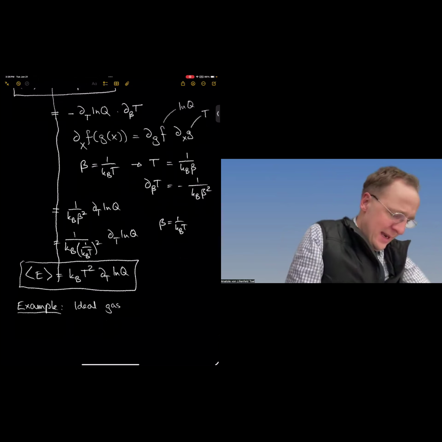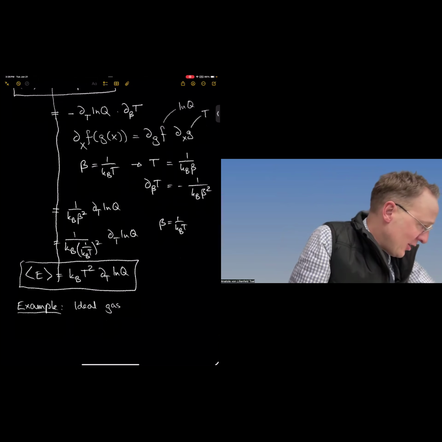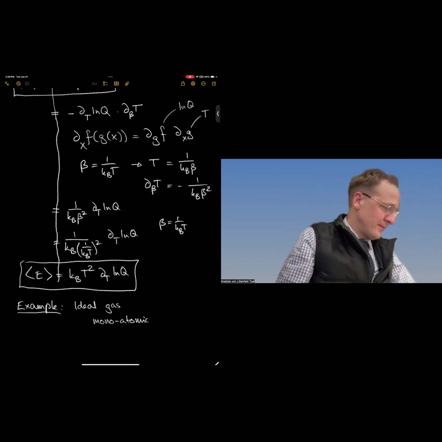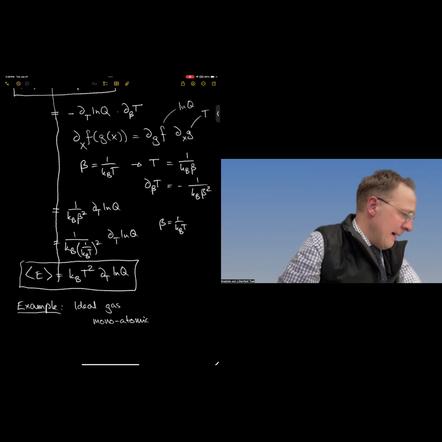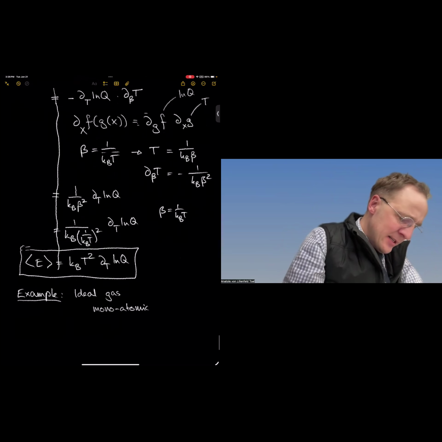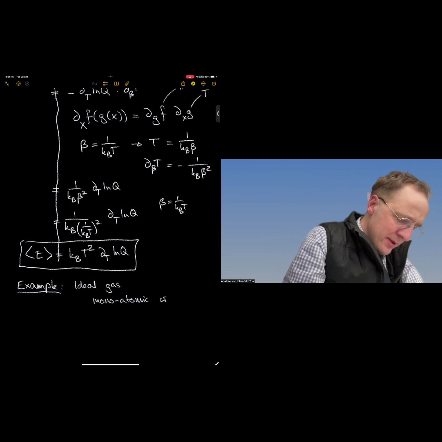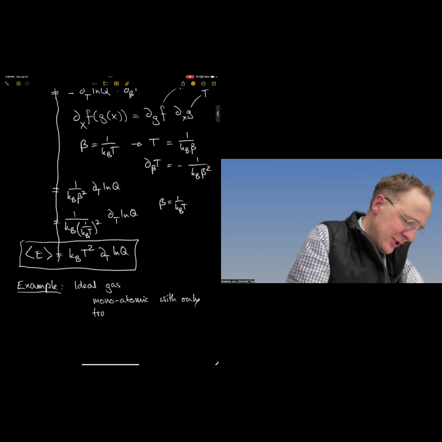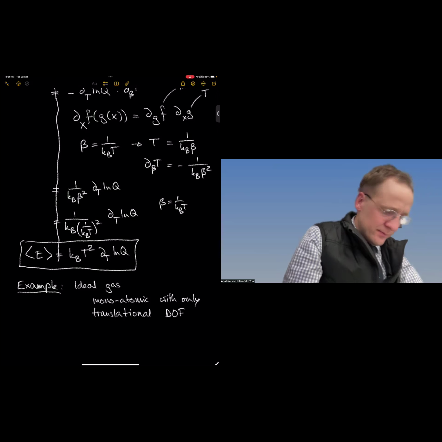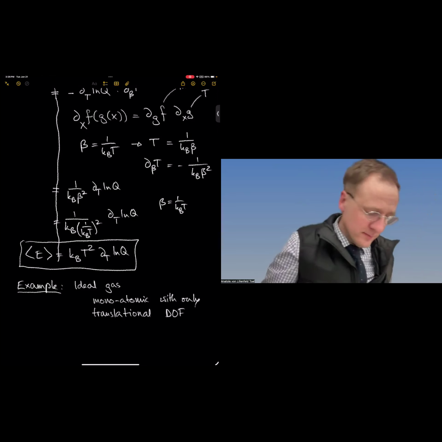Now, the ideal gas, just to recall, is monoatomic, and it has only translational degrees of freedom.